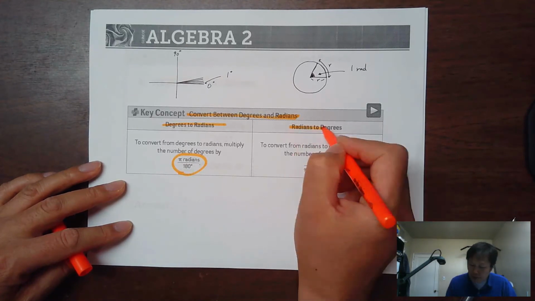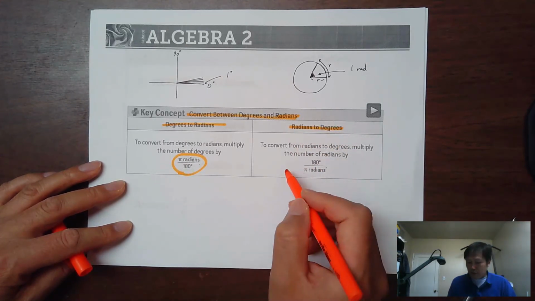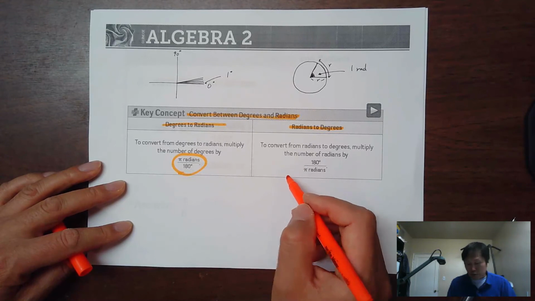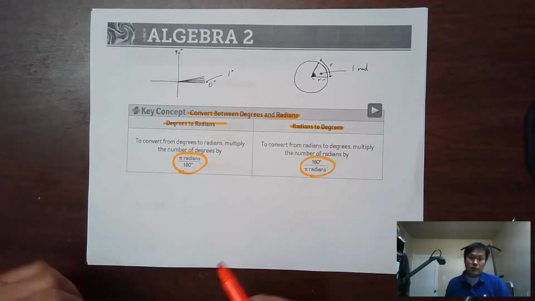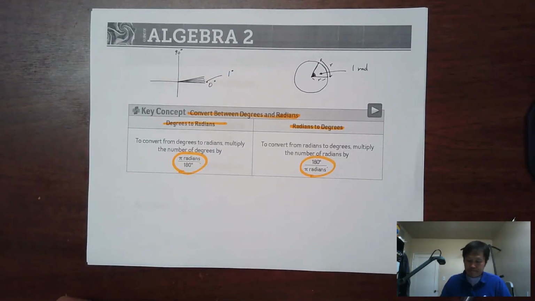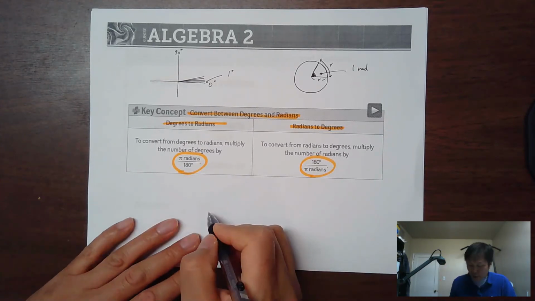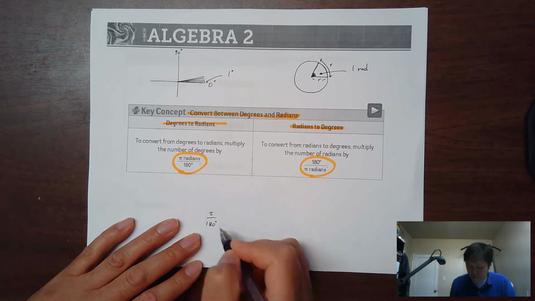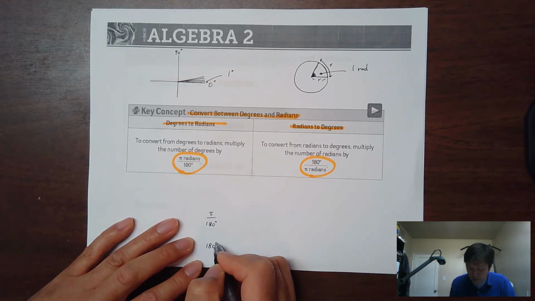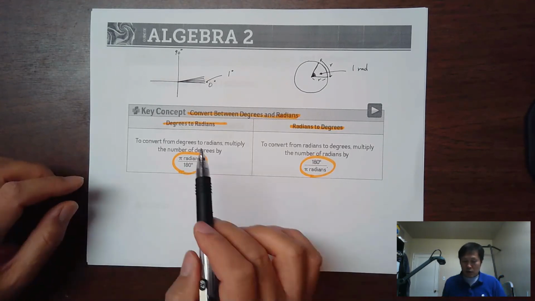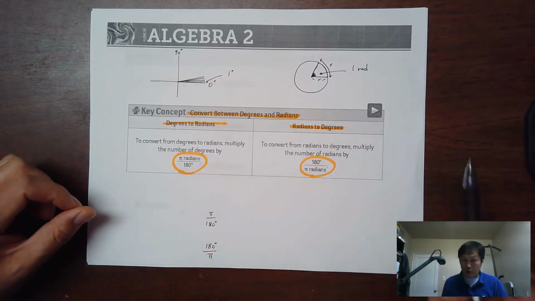To convert radian to degree, you are multiplying the radian value by this conversion factor, which is 180 degrees over pi. So you have two choices, depending on where to where you are converting.